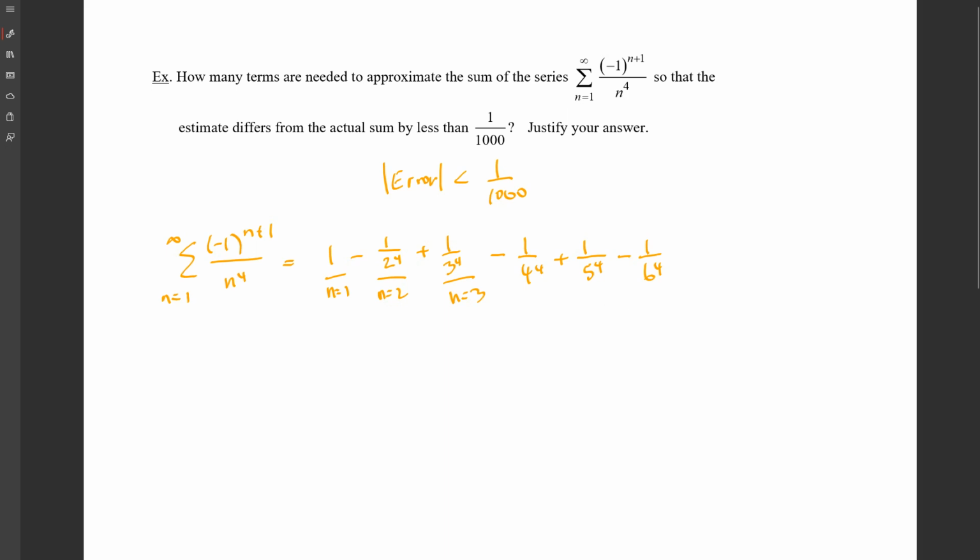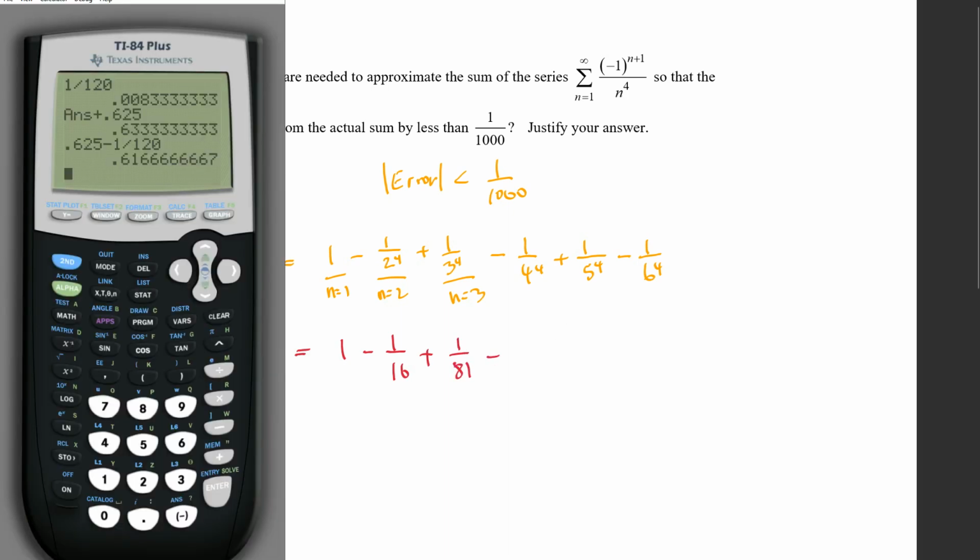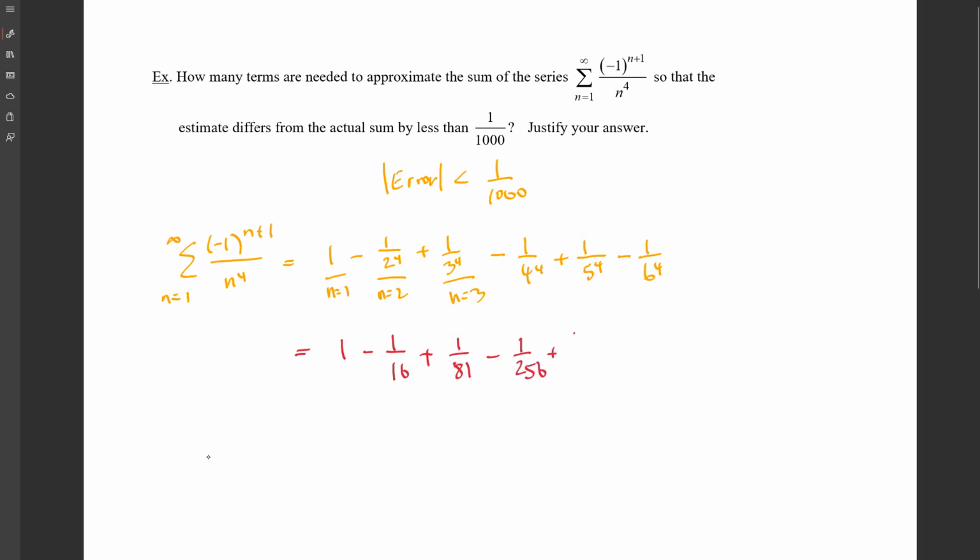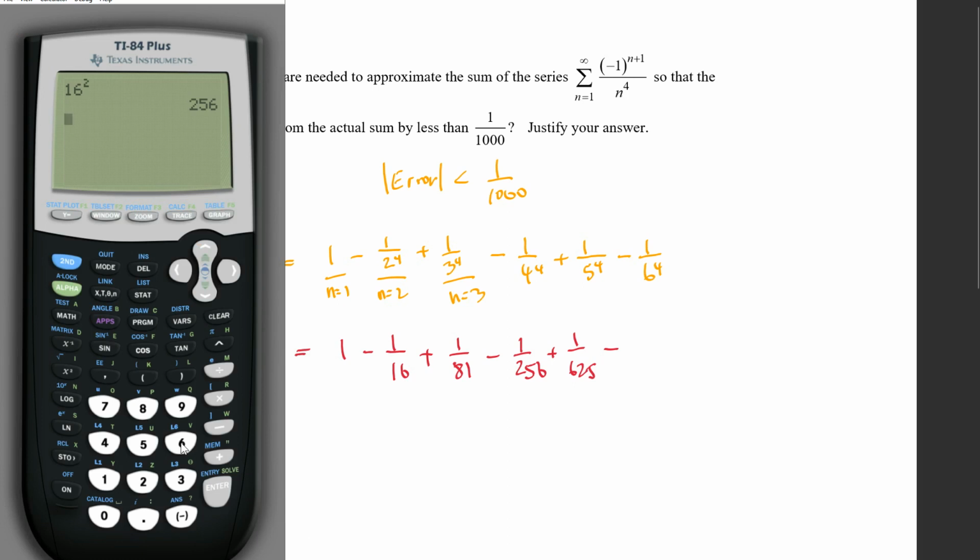Well, let's look. 2 raised to the 4th power is 16. 3 raised to the 4th power is 81. 5 raised to the 4th power is 25 times 25, so that's 625. 6 raised to the 4th power would be 36 squared, which is 1296.